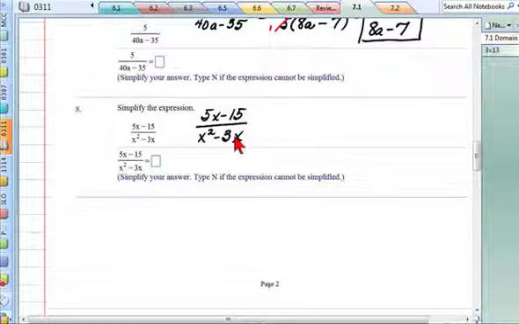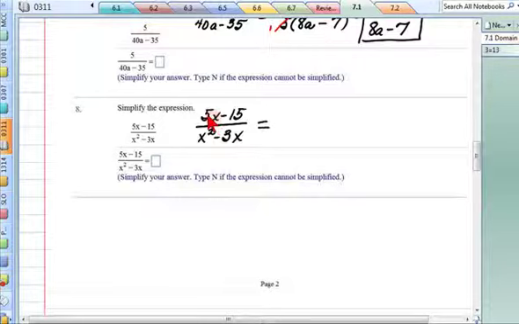If someone asks me to simplify, do not touch the problem till you've factored. Don't touch it till you've factored. So if you're sitting there going, oh, I think 3 will go into 15, I am coming after you, okay? Ruler in hand. You haven't factored yet. You can only divide out factors. And by the way, I have got a big one.